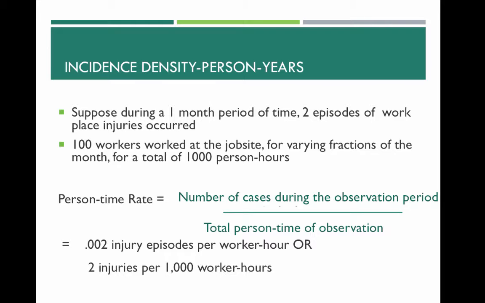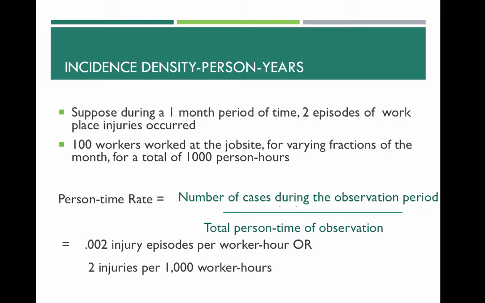So let's say over a 1 month period of time, we had 2 episodes of workplace injuries that were reported. Over that month, we had 100 different workers at the job site, but they all worked varying fractions of the month. And so let's say if we totaled up all of the hours that each of those 100 workers worked, they worked a total of 1,000 person hours.